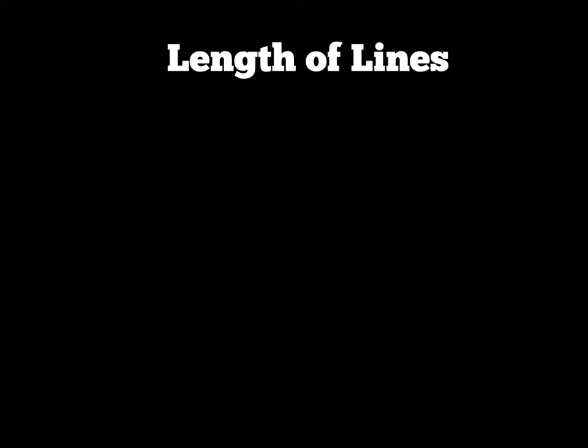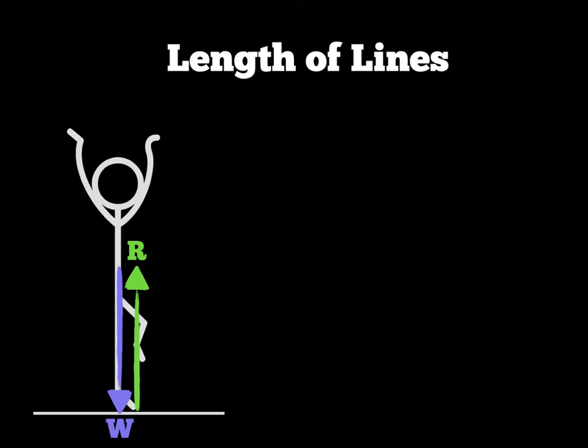Now, as I just mentioned, my R line previously was longer than the weight line, and now we're going to come to that. So we put a little title in your notes called length of lines, and if you're asked to draw vertical forces, you will just draw reaction and weight, and so your diagram might look like this. So I've got a purple line for weight going down to the floor from the centre of mass with a W, and I've got my reaction line going up from the foot or the point of contact with an R above it.